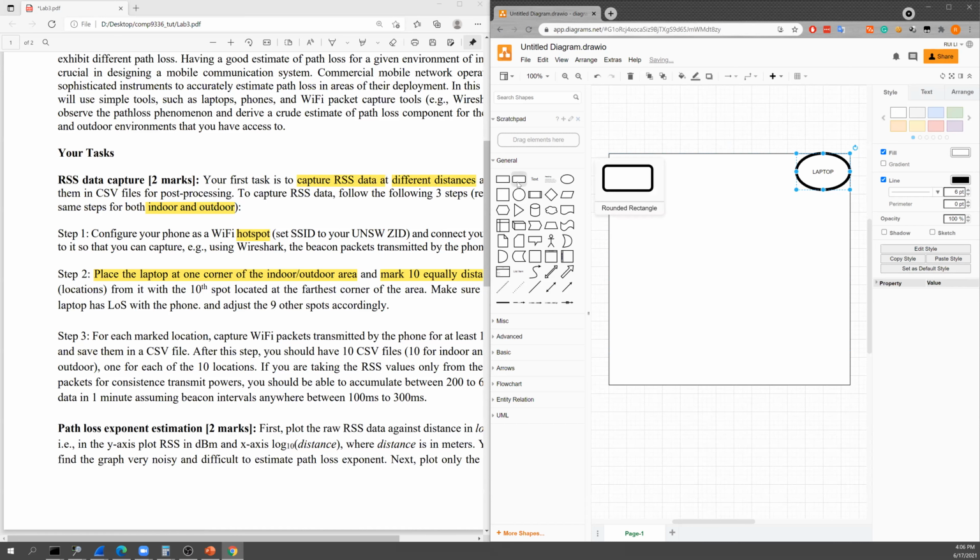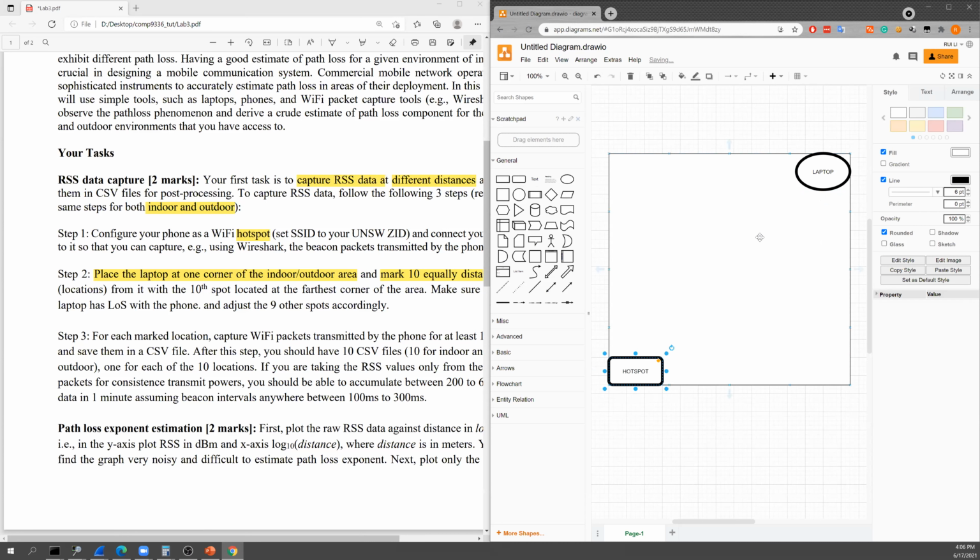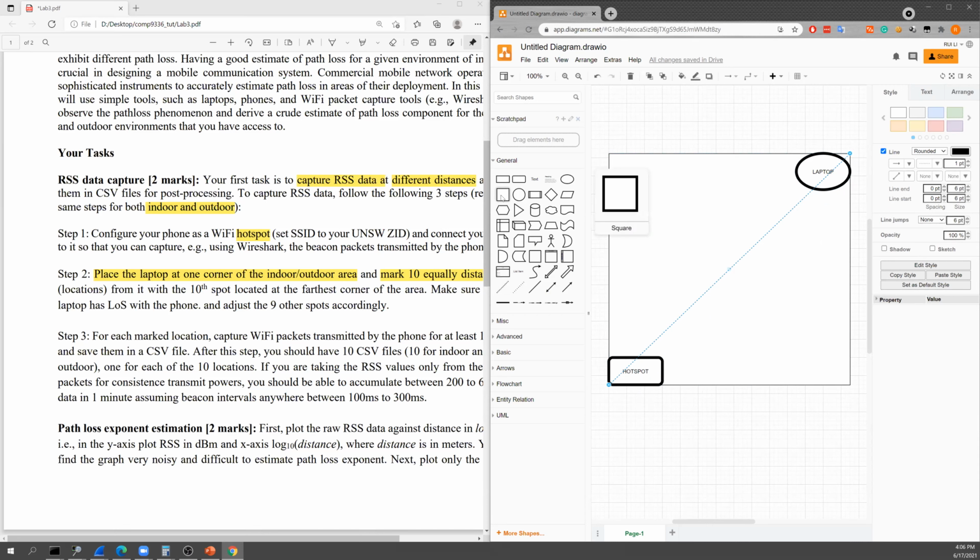And where is your mobile phone? You can put your mobile phone here. What you need to do is draw a line to help you. You can see the distance between the hotspot and the laptop. You need to slice it into 10 pieces. Maybe you need to mark on the ground or something.